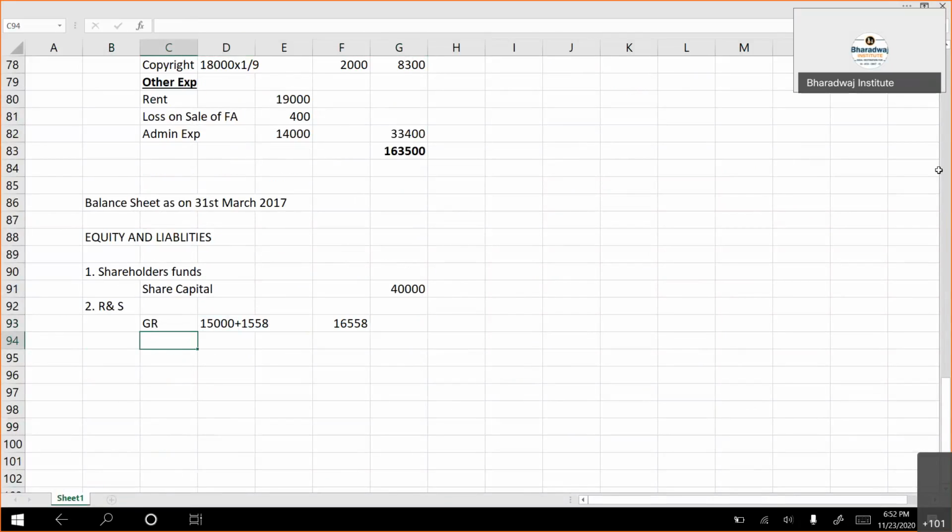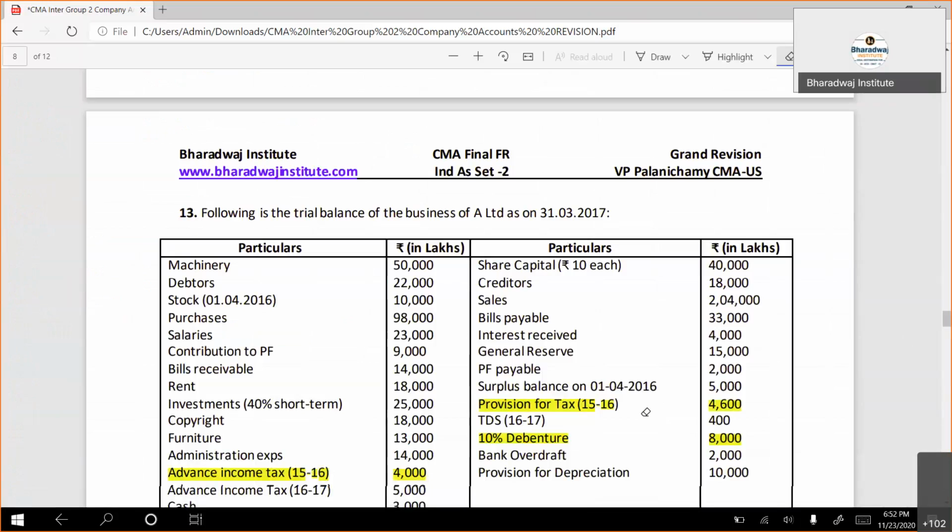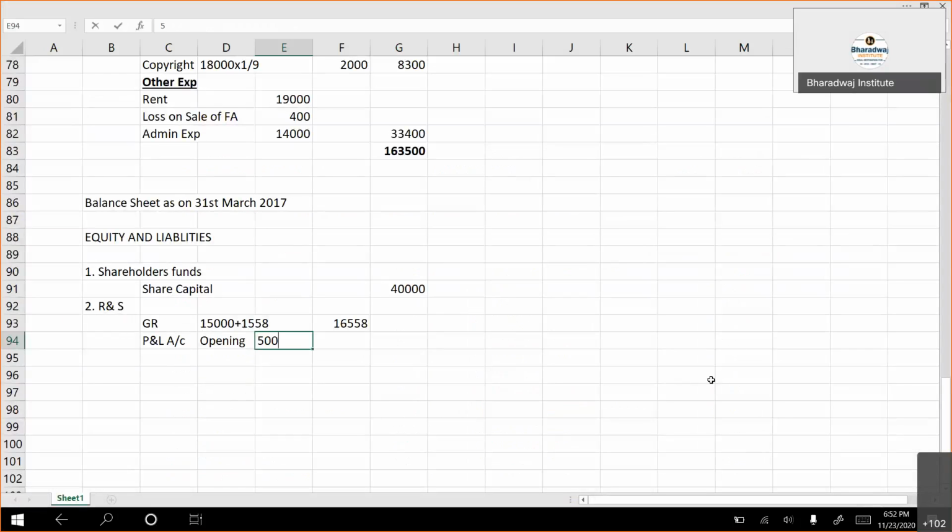Then profit and loss account. What is the opening balance of P&L account? It's given, surplus balance on 1/4/2016, 5,000. Add balance carried to balance sheet.